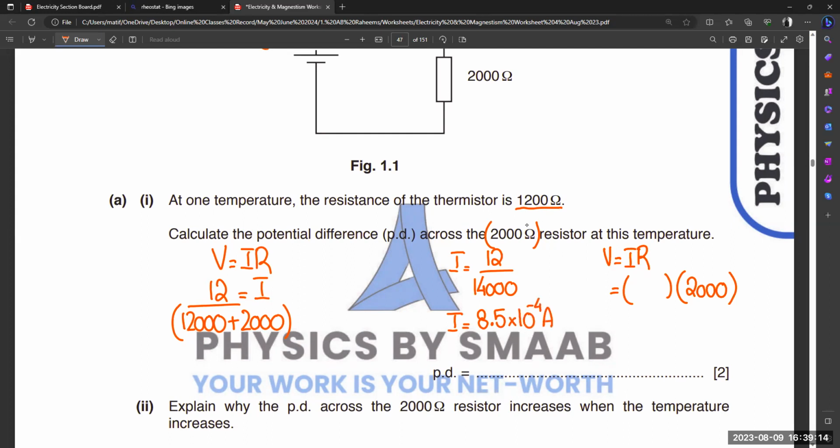This is the value in ampere, and we need to apply the formula, and you will get the value of voltage. It is 1.7.